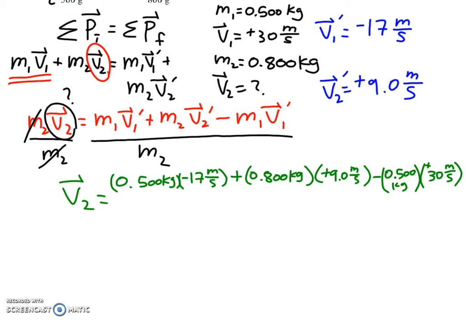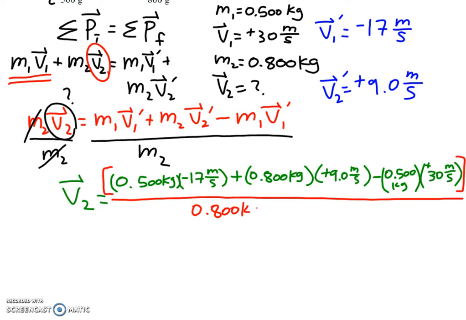Technically it was positive. Now generally what I do before I put it inside of the calculator, even as an expression, I put double brackets in order to make me realize that this is an entire numerator. Denominator is a second mass, which was 0.800 kilogram.